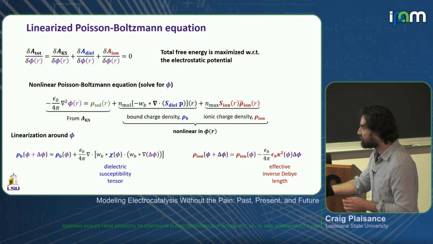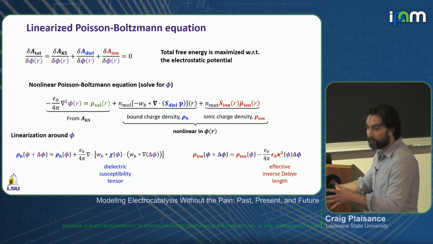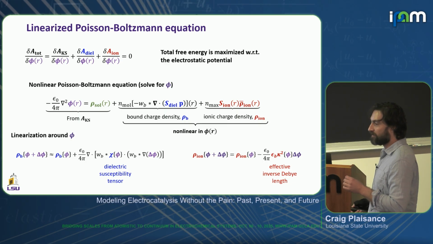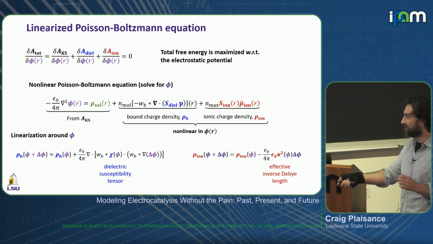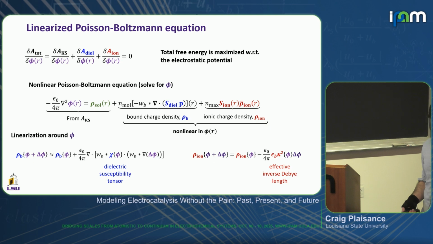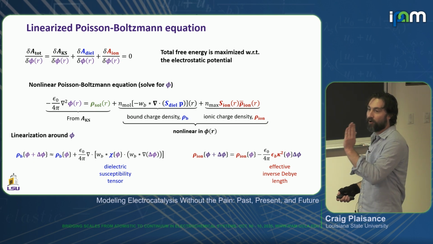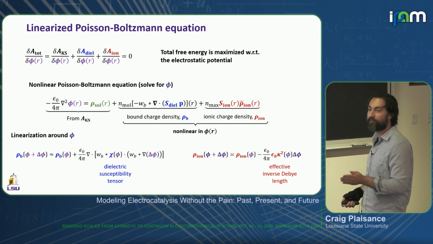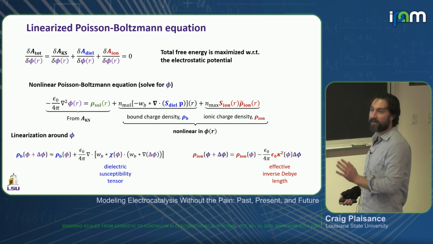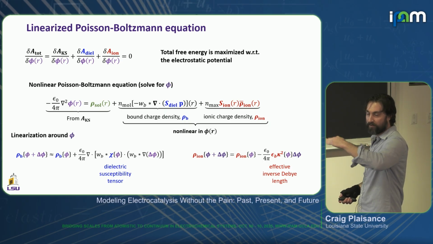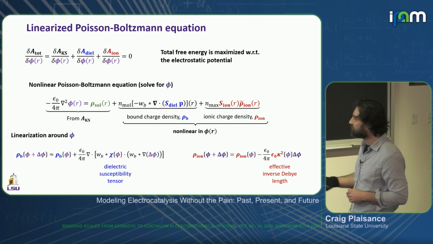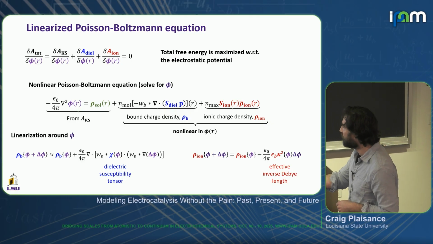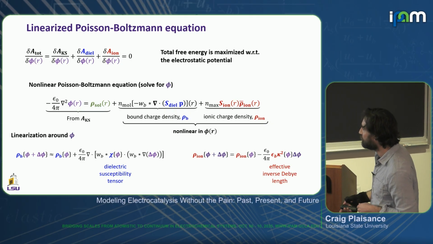Like Richard showed, we get this, except instead of a scalar susceptibility, we actually have a tensor susceptibility. That's due to the nonlinear nature, because it polarizes, the susceptibility is different in the direction that most of the water molecules are pointing in versus the perpendicular direction. We do the same for the ionic density, and we get this effective inverse Debye length.